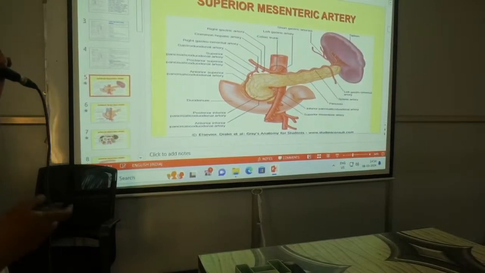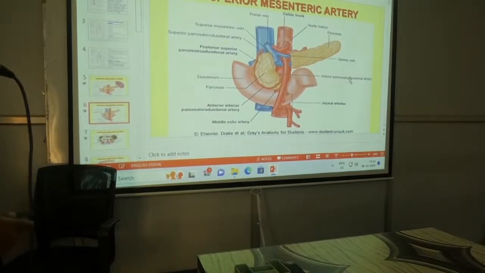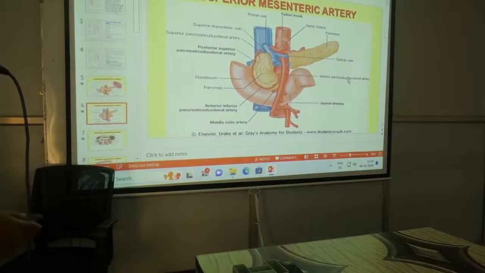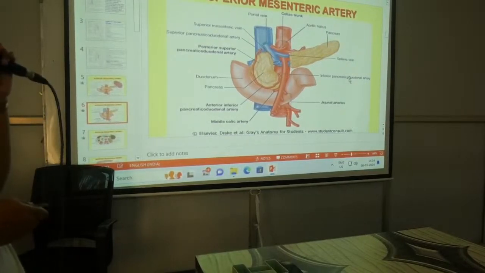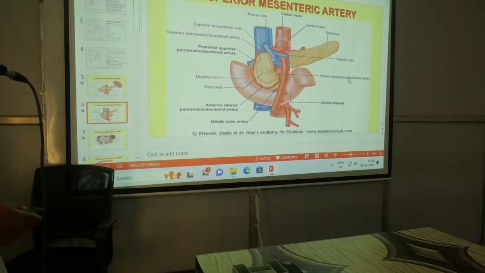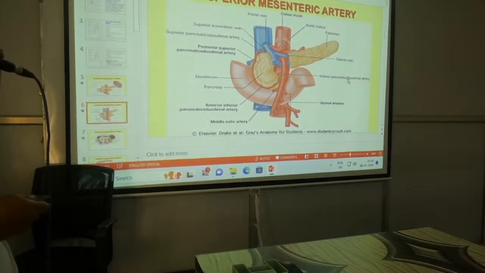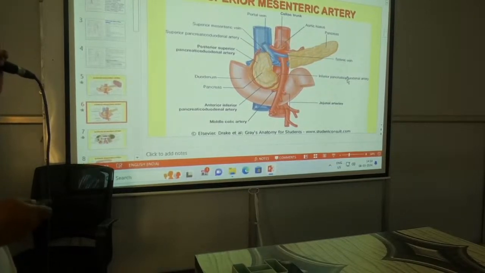Next, see, the inferior pancreatico-duodenal has been shown, and here is the inferior mesenteric artery. Here is the position of the inferior mesenteric, which arises at L3 level, deep to this third part of the duodenum. And these are the jejunal arteries.